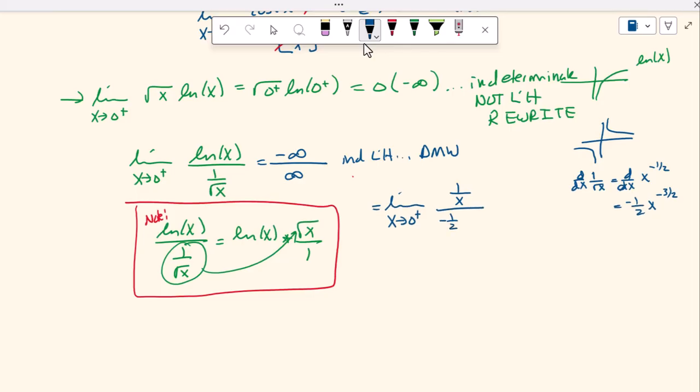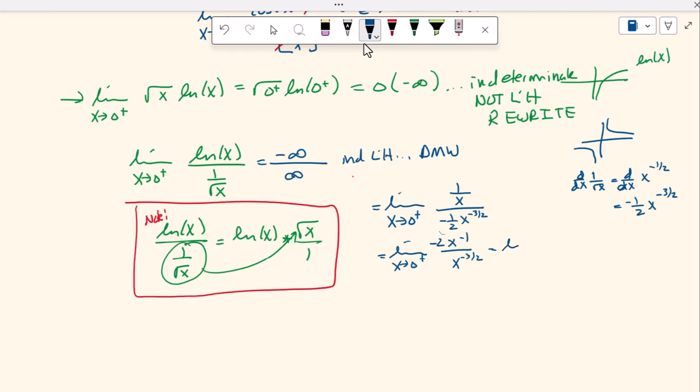Rewriting, this is x to the negative 1 over x to the negative 3/2 and then this negative 1/2. Remember, when you divide by a fraction, you flip it, you reciprocate it.